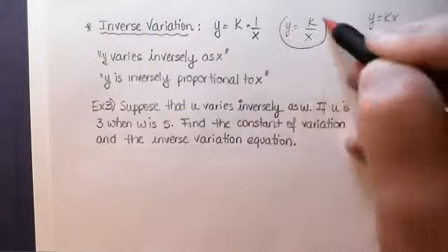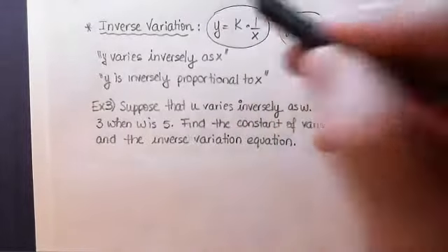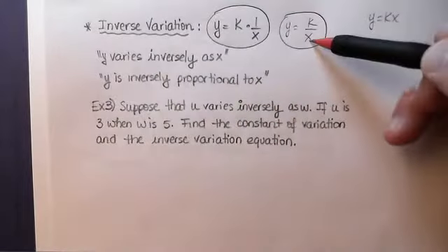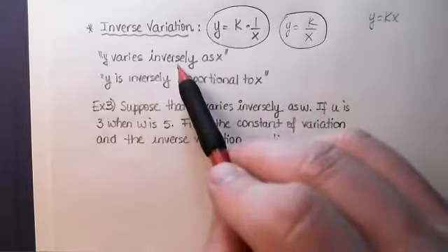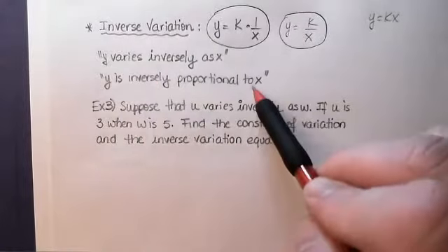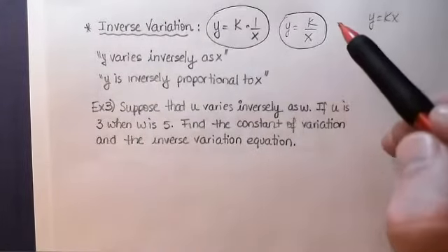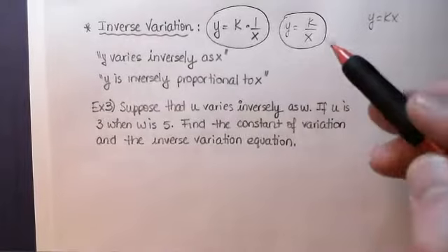Either way is the same. Basically, inverse variation means the x is going to be on the bottom. If it was direct variation, the x is on the top. So anytime you see varies inversely or is inversely proportional to x, you need to think about x being in the denominator.